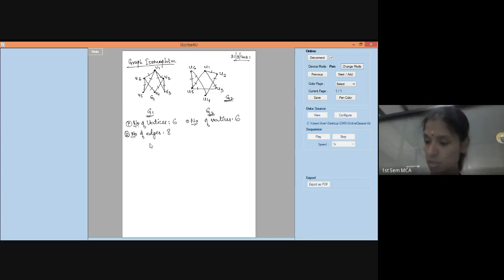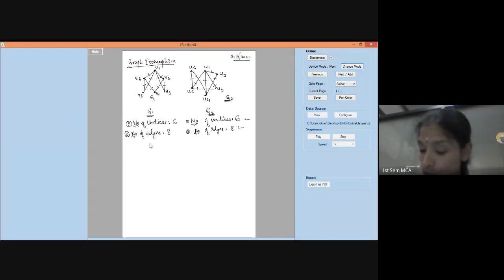U1, 2, 3. So there is one more edge here. Please make a note, there is another edge there. All right, this is one more edge. See, if you don't write down properly you will go wrong, so you have to be very careful. So the number of edges is 8. Now the first property and the second property are both satisfied.